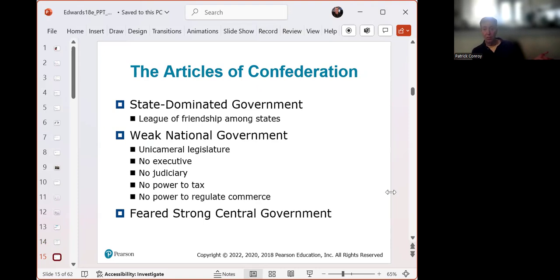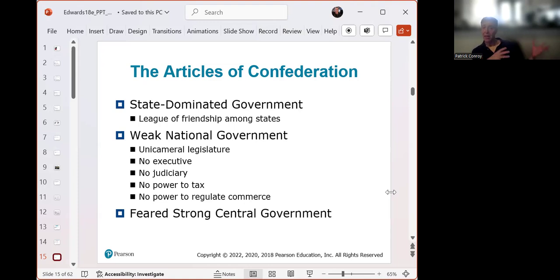There was a unicameral legislature, meaning one house. There wasn't a House of Representatives and Senate, there was just one. There was no president, no executive branch, no judiciary, no power to tax, no power to regulate government. It was more like the United Nations. They could make a lot of pronouncements, but they didn't have a lot of power. And one reason was that people feared a strong central government.